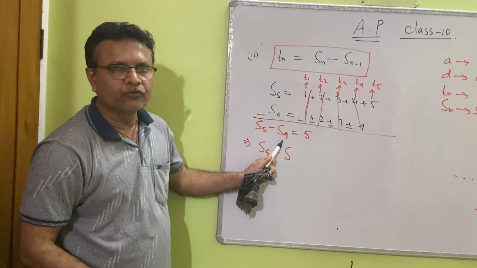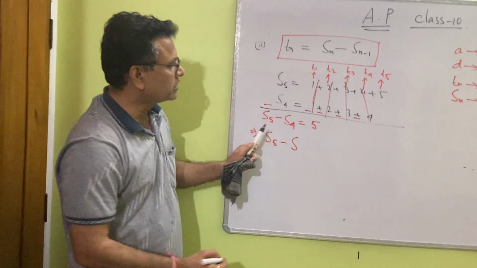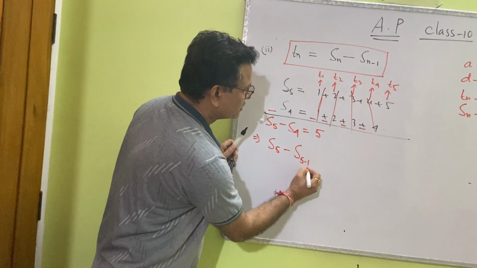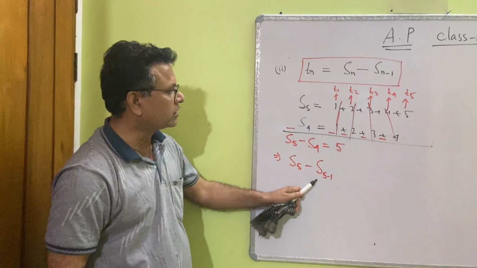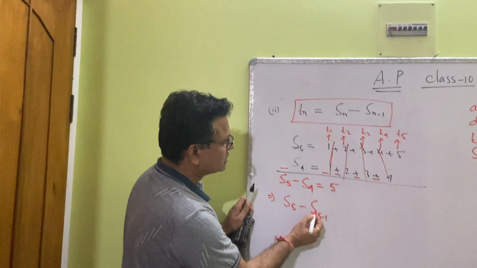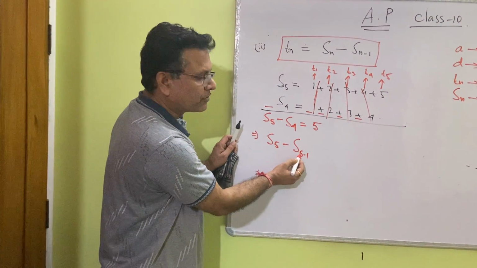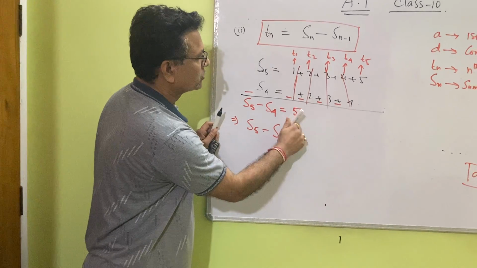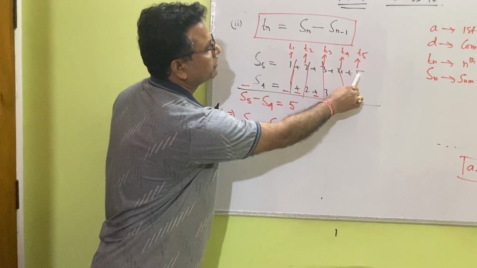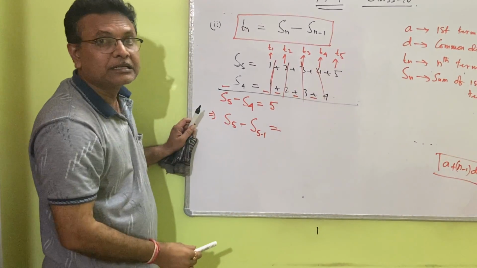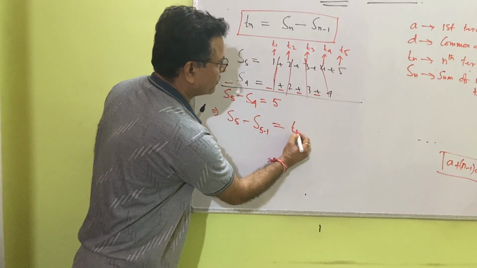It was 4. Can I write this 4 as 5 minus 1? So S5 minus S, instead of 4 I am writing 5 minus 1, is equal to this 5, which is coming from this one. That means T5.